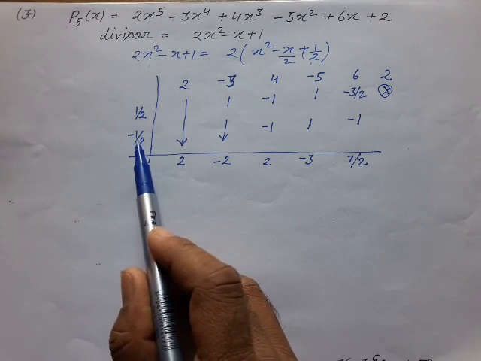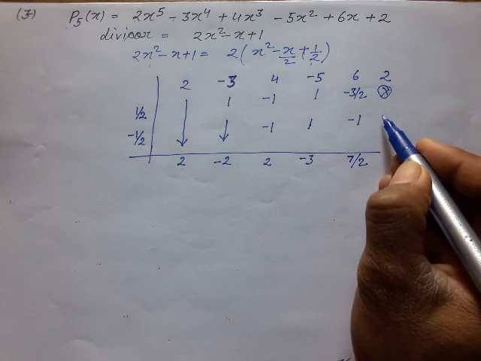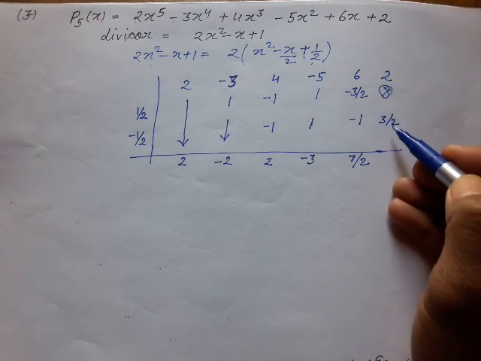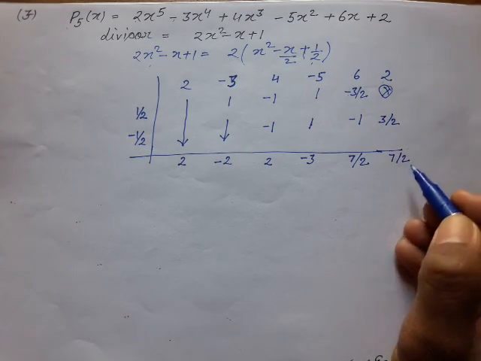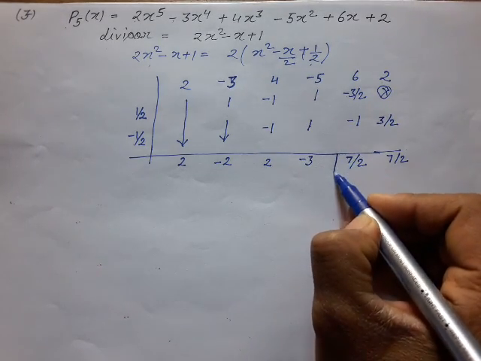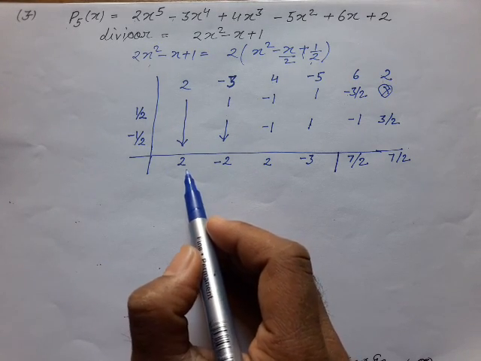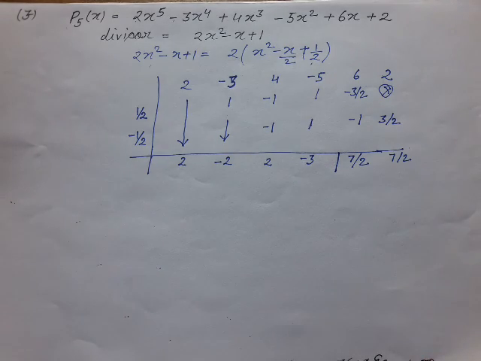Now again multiplying minus 1 by 2 to minus 3 by 2, we get 3 by 2, and on adding this and this we get 7 by 2, and the quotient should be of 4 terms, so 1, 2, 3 and 4 terms we have already found.